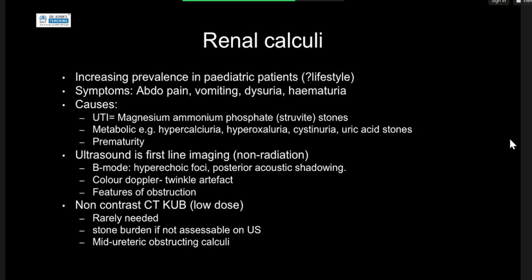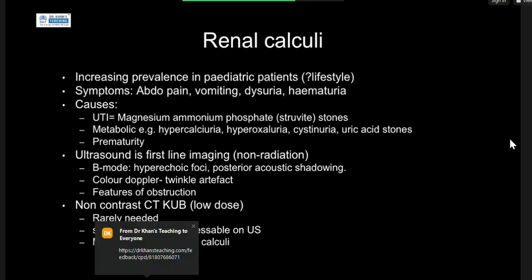So most causes are thought to be, depending on the type of stone, so if it's UTI related, then they tend to get struvite stones, but you can also get metabolic causes such as hypercalciuria, hyperoxaluria, and cystinuria. So depending on the stone makeup, you can try and work out what you think is behind the renal calculi.